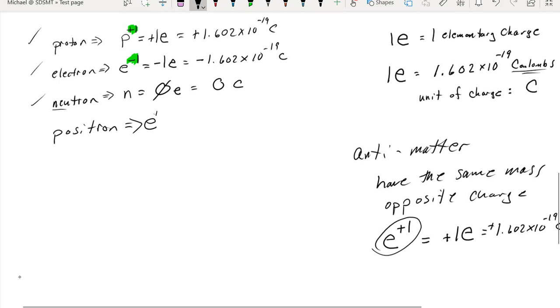So this is an electron with a positive charge, and that tells anyone looking at it, oh, it's a positive charge, we've got E for electron, that's a positron. Just as we had written below, this is a positive 1 elementary charge, so we have positive 1.6 times 10 to the minus 19 coulombs.